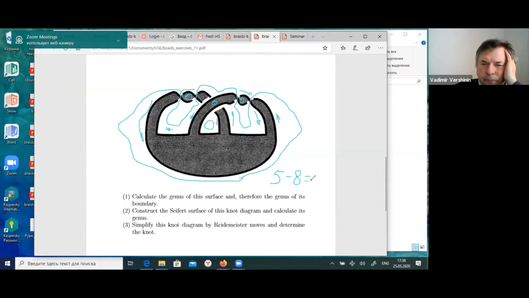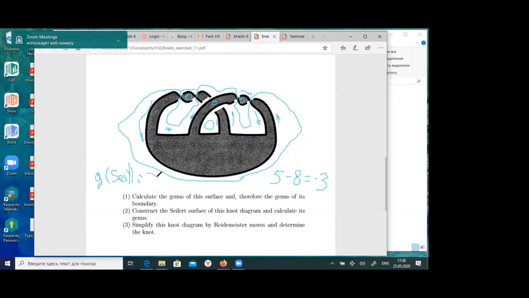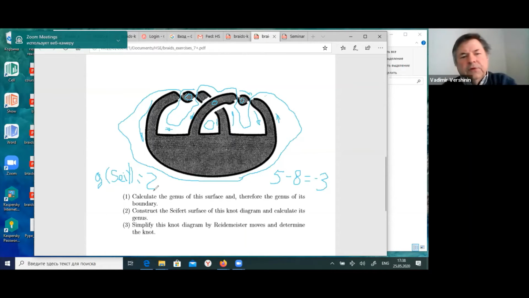So this is minus 3. What does it mean? That the genus of this Seifert surface that we considered is equal to 2.